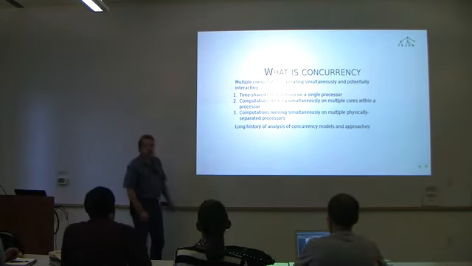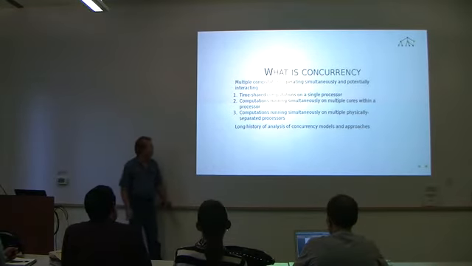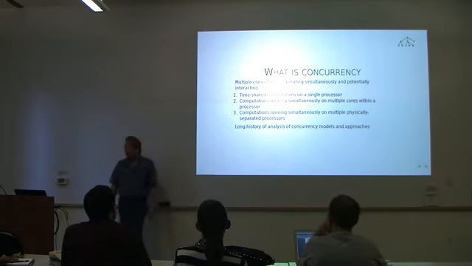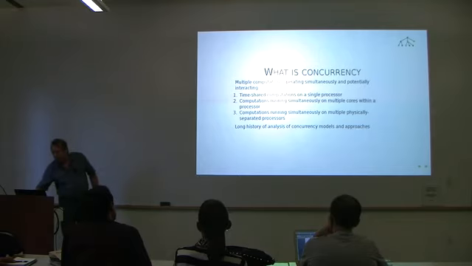So time-shared computations on a single processor, computations running simultaneously on multiple cores within a processor or node, and computations running simultaneously on physically separated nodes. So these are all different forms of concurrency.